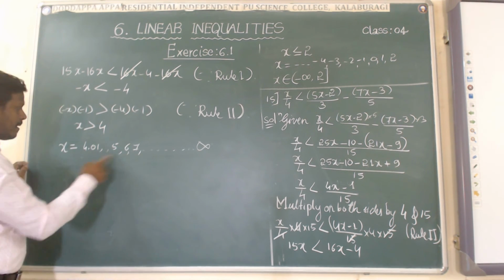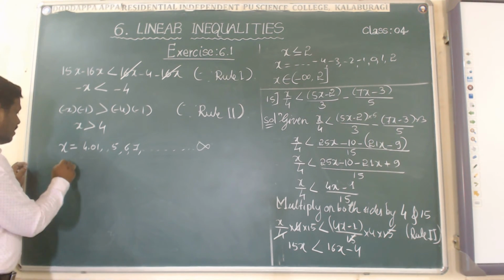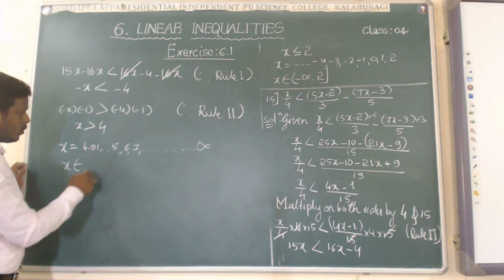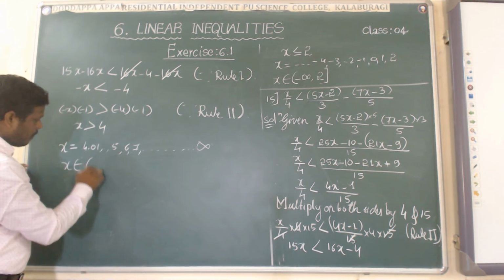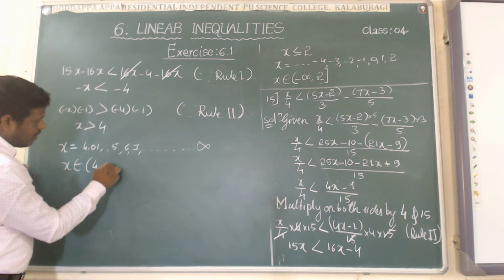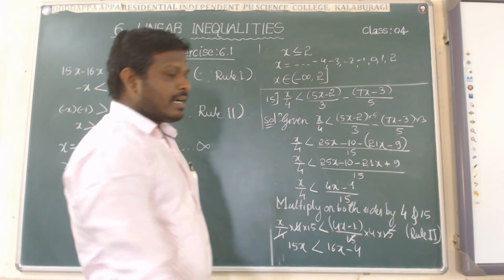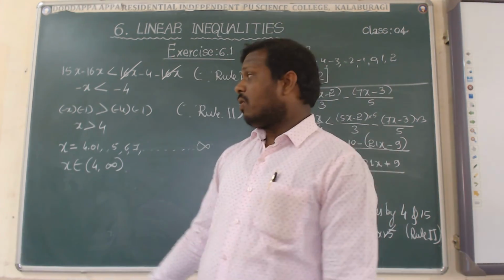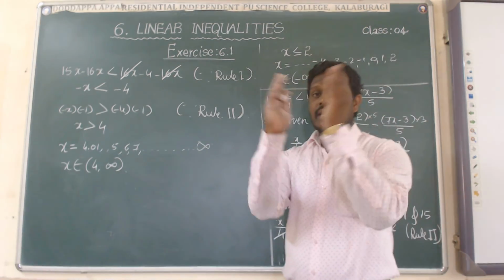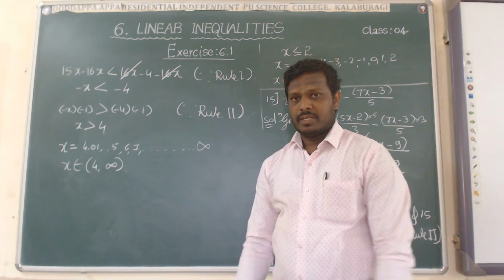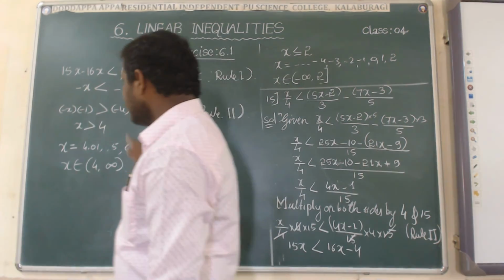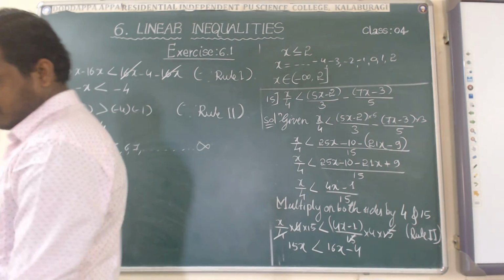So how can we represent this in interval form? That is x belongs to (4, infinity), and both sides will be open interval. That symbol means the value of x excludes the extreme value. Getting it? This is the required solution of the 15th question.